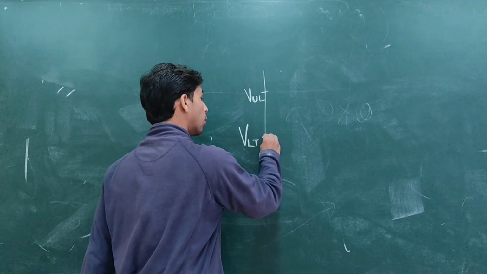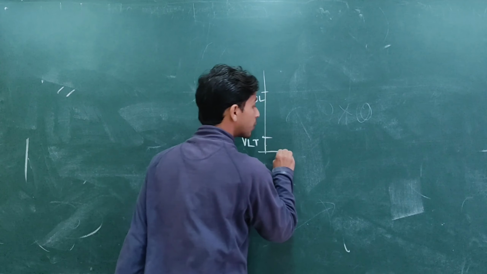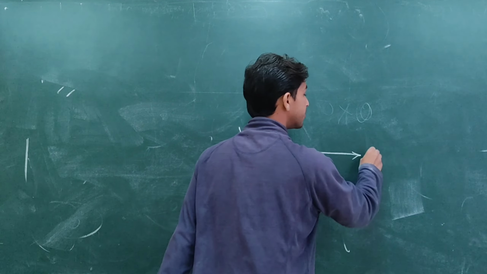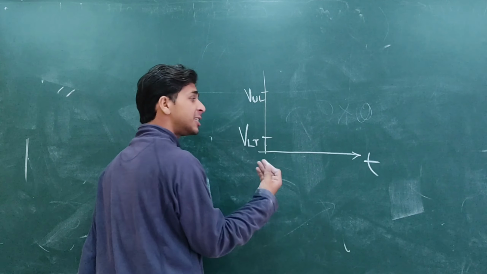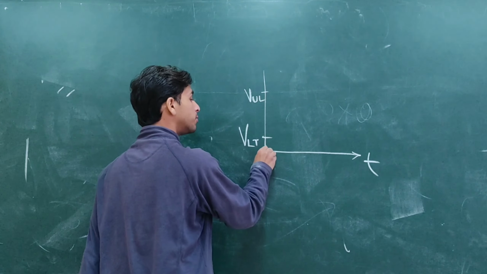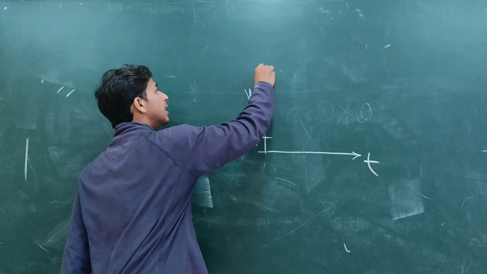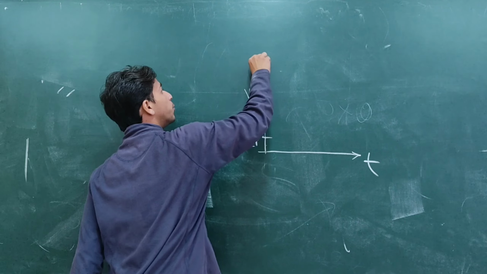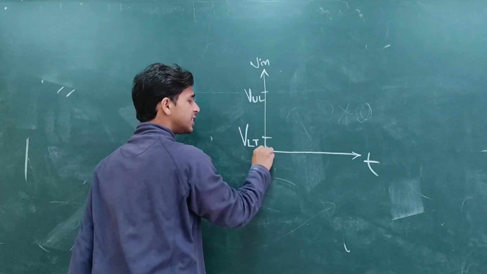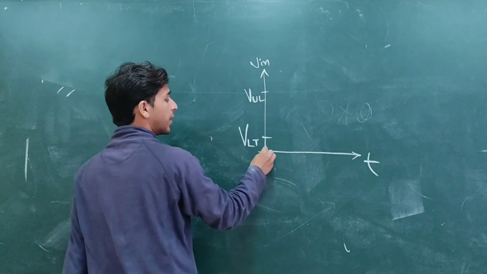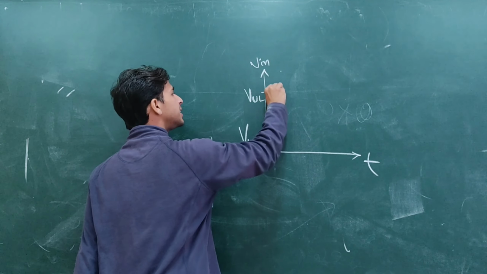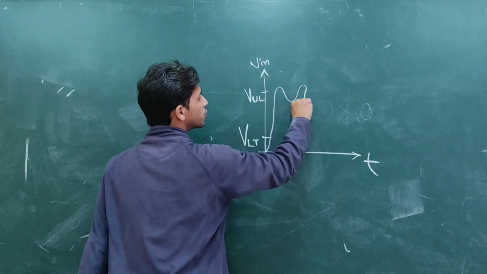I am drawing a waveform of an input signal which varies with time. Let's initially take t equals 0, and this is our V input. Initially our input is 0, but with time let's say it varies like this.